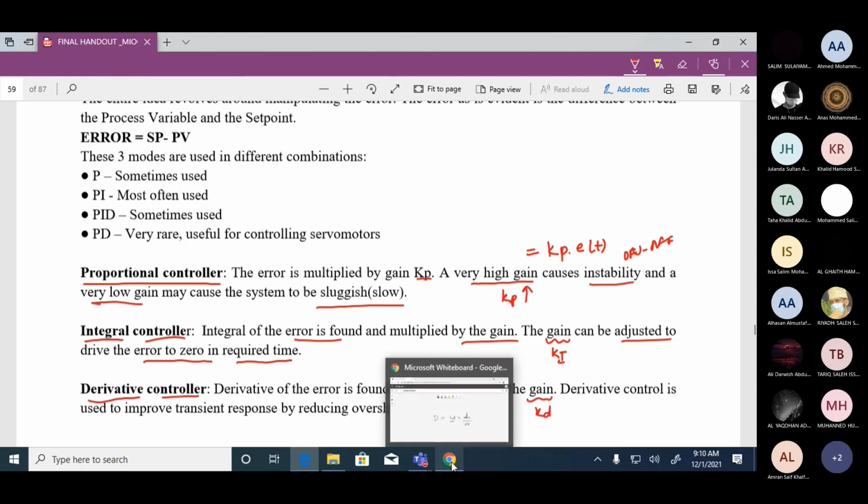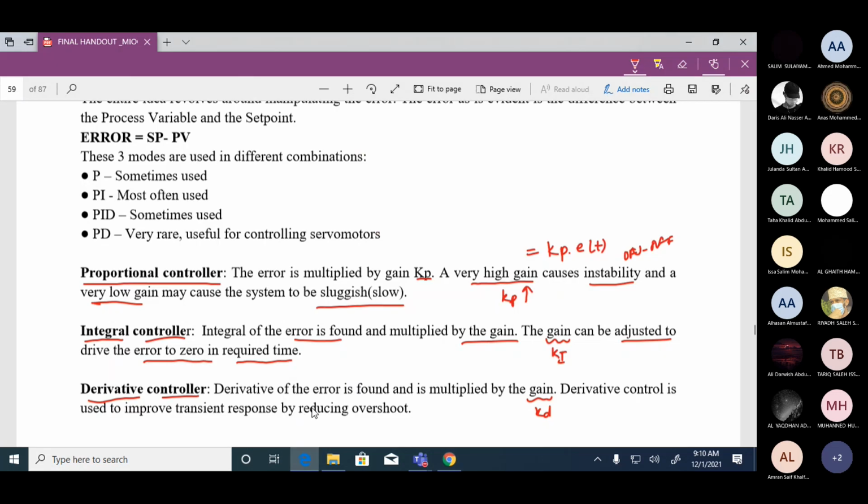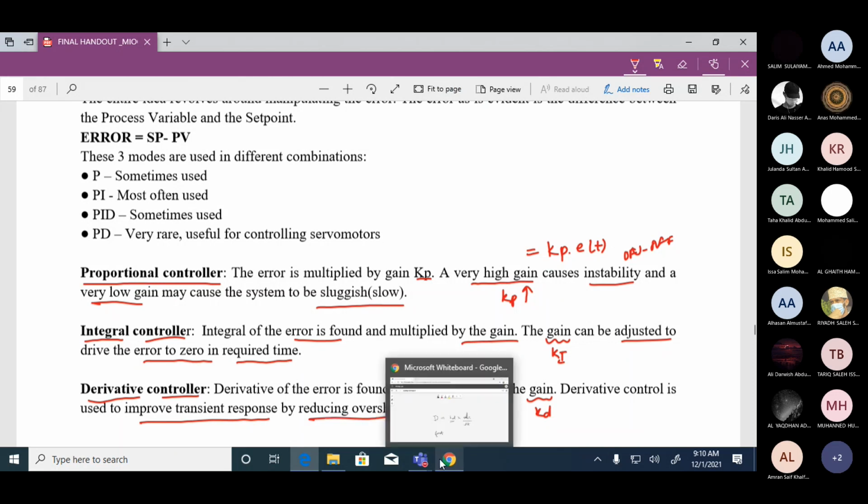The advantage of using the derivative controller is that you are finding the rate of change of the error, which will make the system fast. Like it's written here, the derivative controller is used to improve the transient response by reducing the overshoot.